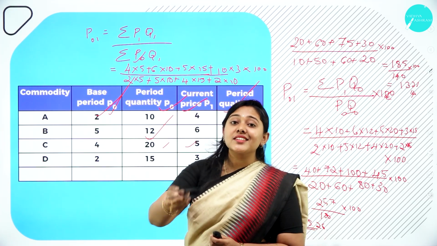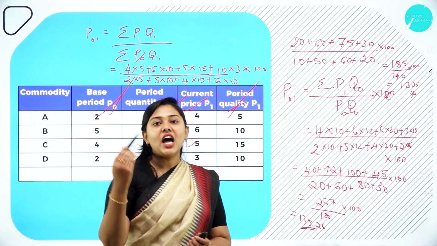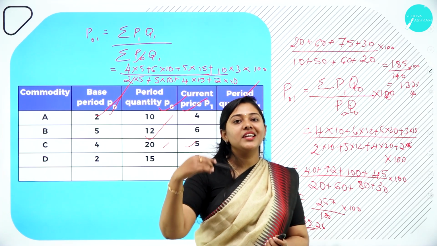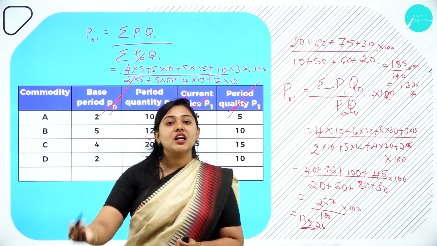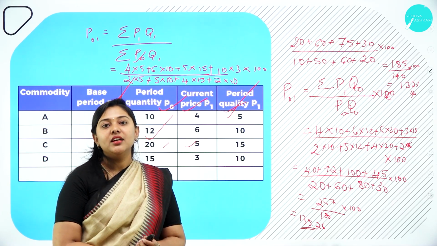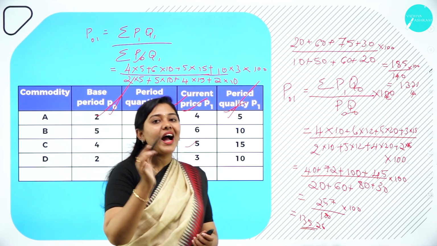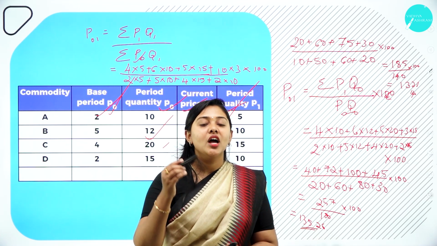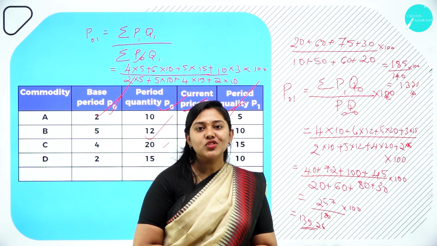So for this 6-mark problem, they will provide the commodity, base period price, current period price and the current period quantity. So the current period quantity will be given to you. You have to solve the problem using the Laspeyres price method and the Paasche method, which will be asked for 6 marks.